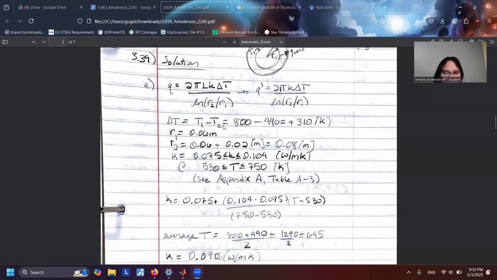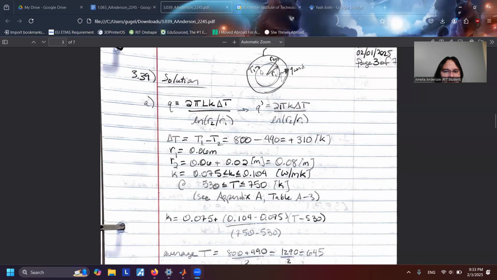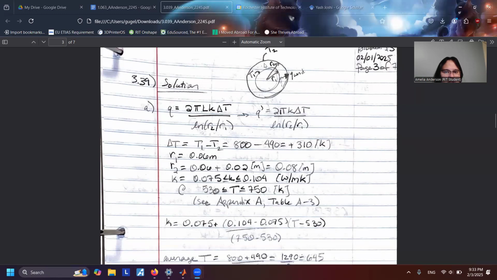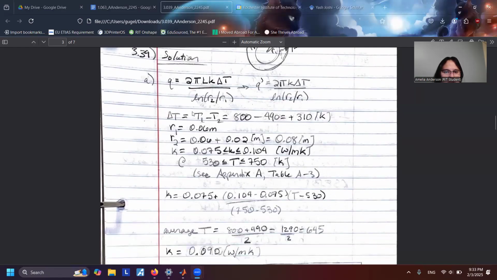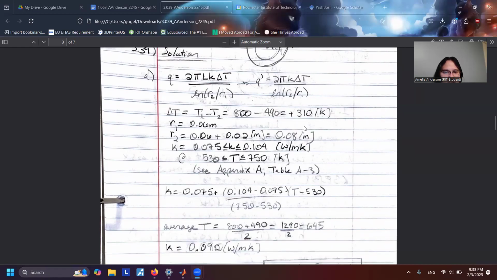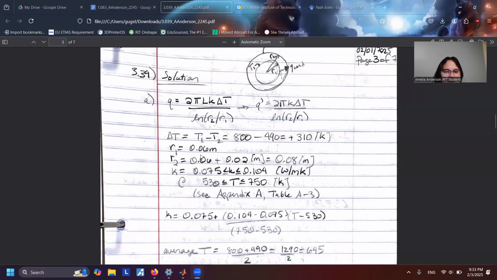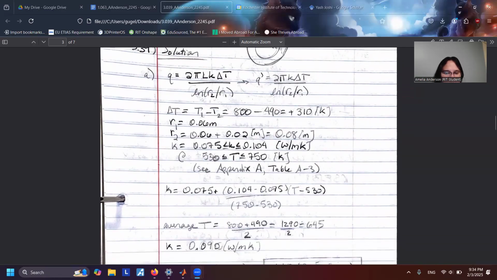Delta T, the inside we know is 800, the outside we know is 490 in terms of Kelvin. So we're going to assume the conduction is from the inside to the outside. So we're going to say delta T from hot to cold is T1 minus T2, that's 310 Kelvin. They gave us R1, they gave us the thickness of the insulation so that we know R2.